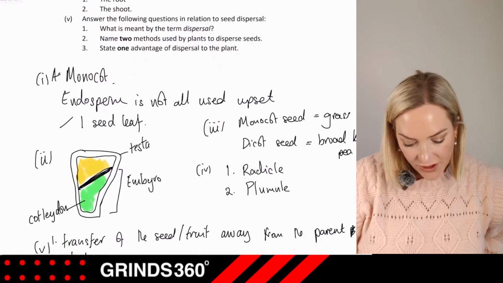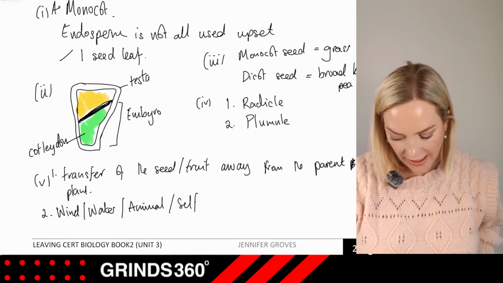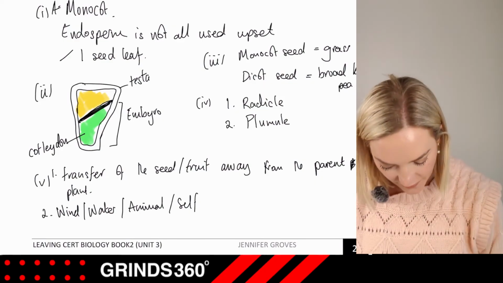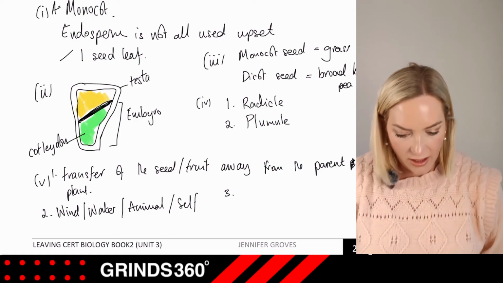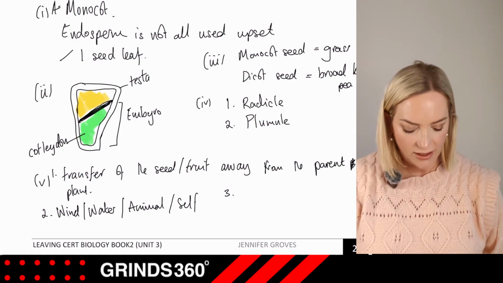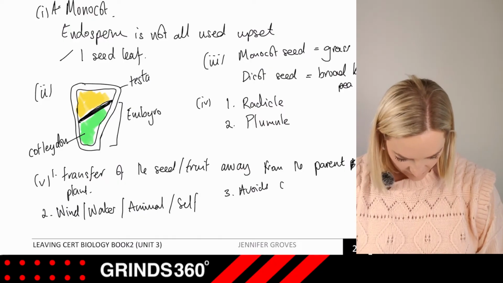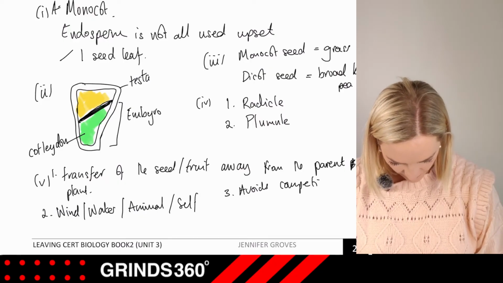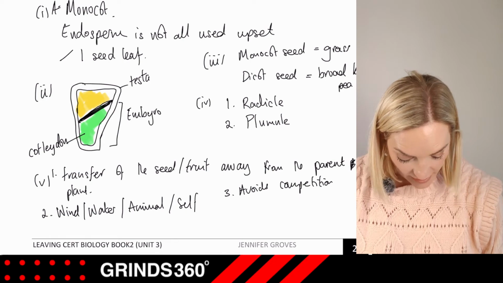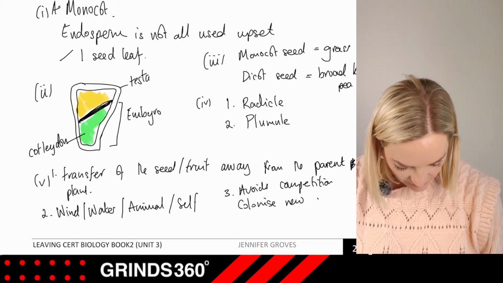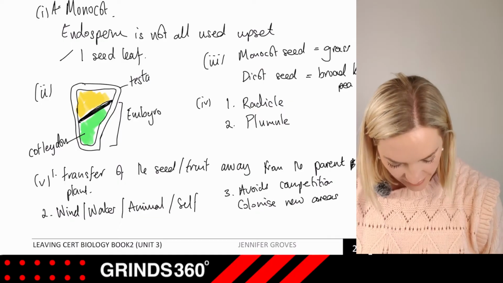Say 1 advantage of dispersal to the plant. Number 3, I'm going to put here. So colonization, avoids competition. So I'm going to say avoids competition. Colonize new areas. Increase chance of survival.